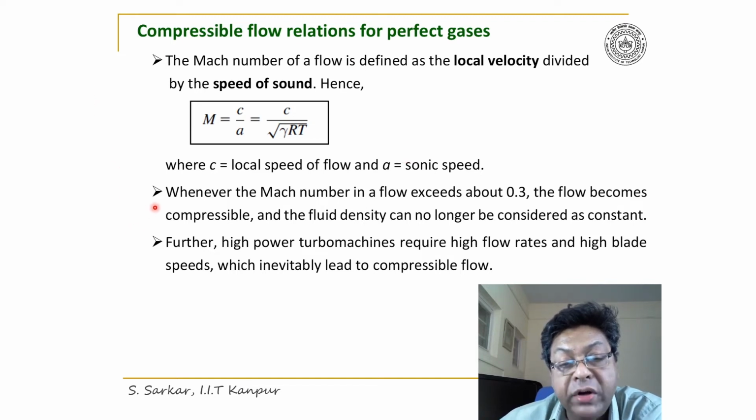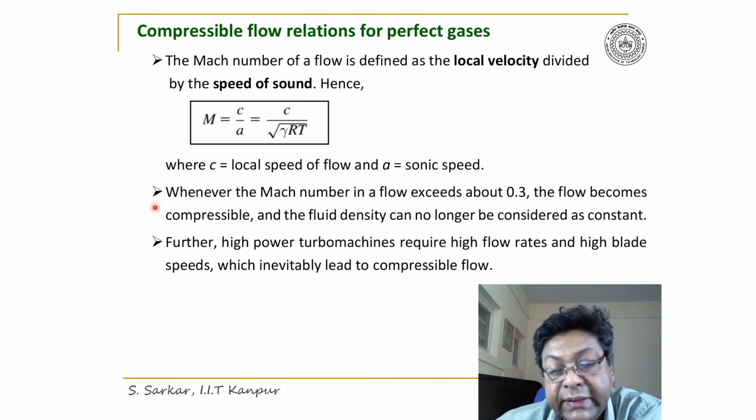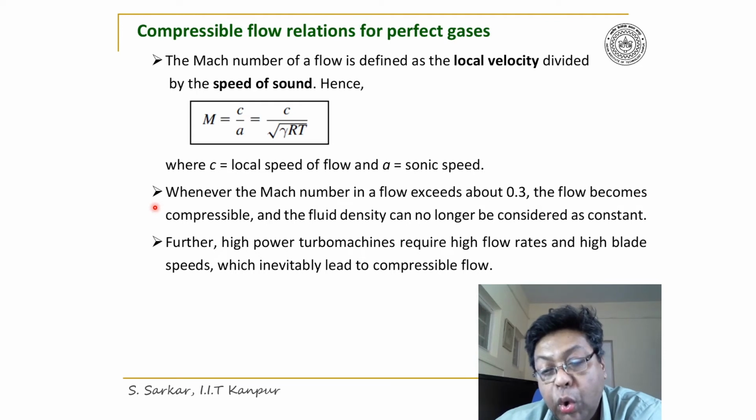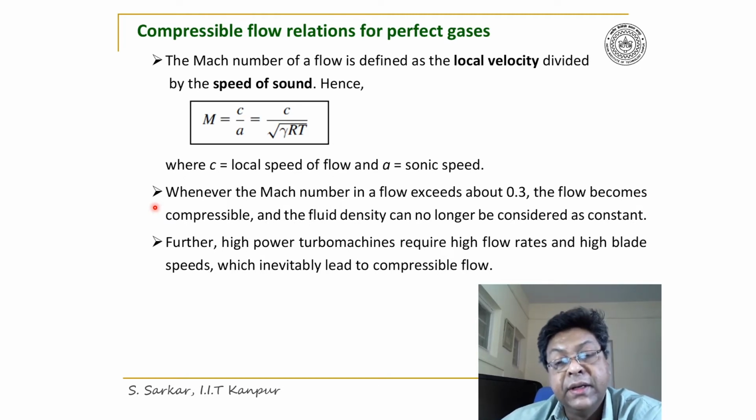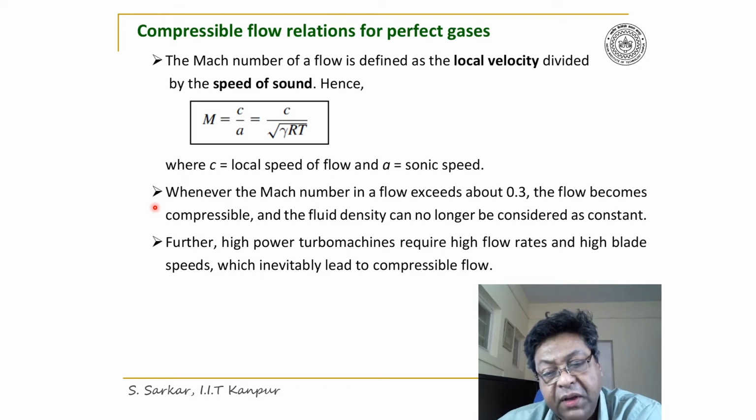Now, another very important point I would like to remind you of is that whenever the Mach number in a flow exceeds about 0.3, the flow becomes compressible and the fluid density can no longer be considered constant. Suppose air is a compressible medium, but if the air speed is less than Mach number 0.3, then air can be treated as an incompressible medium.